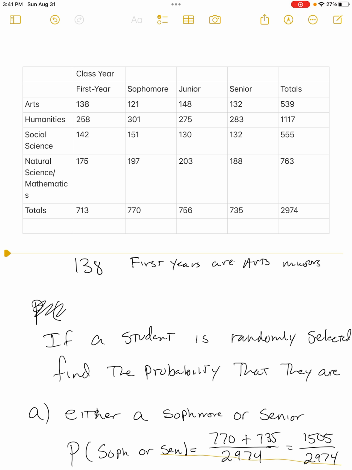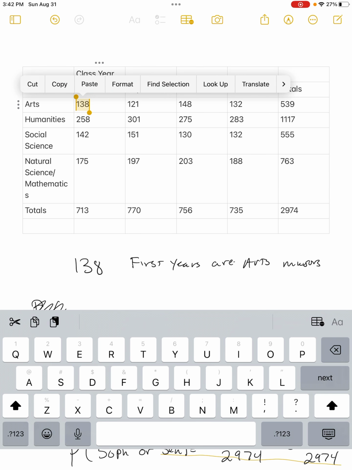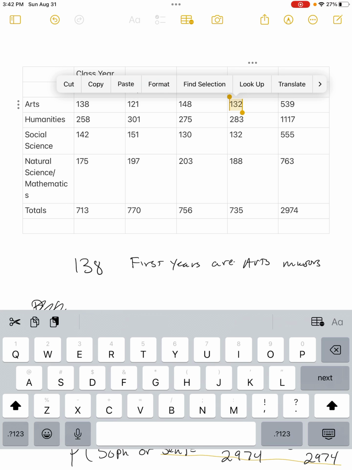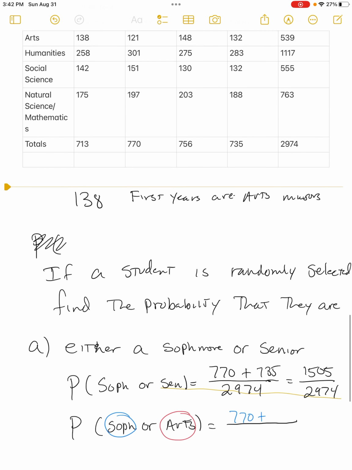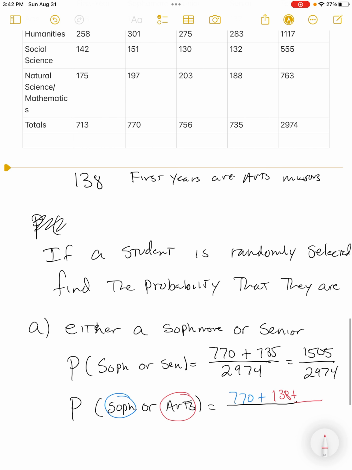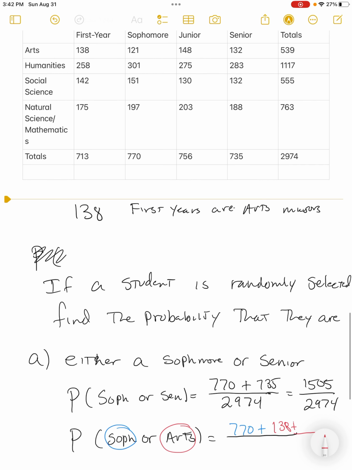But I'm in that sophomore row and looking, I'm in the arts row, and I realize there's 138 and 148 and 132 that I have not accounted for yet. And so that's what I need to add in there. Hey, there are, and let me put it in red if it lets me. It's already in red. So there's 138 first year arts majors. I've already counted the 121. So I don't want to count the 121 again, but I need to count the 148 that are juniors and the 132 that are seniors.